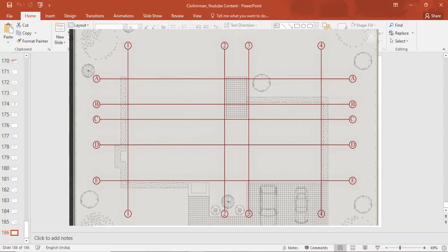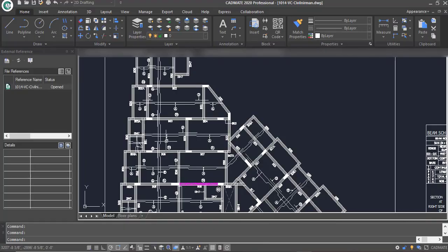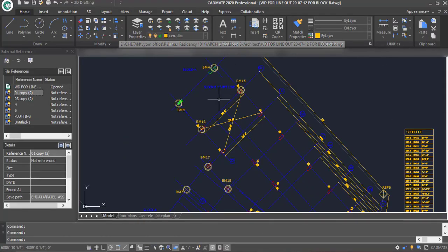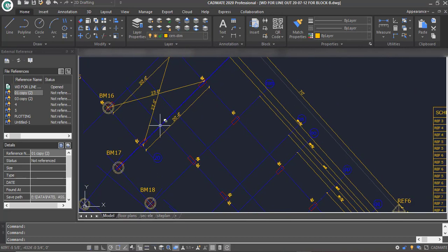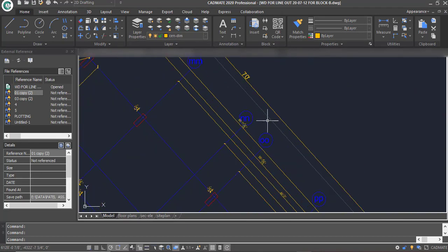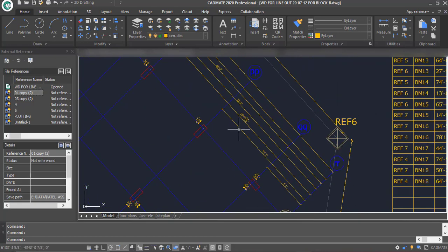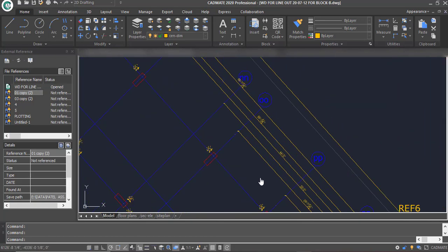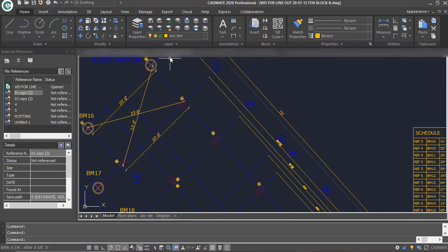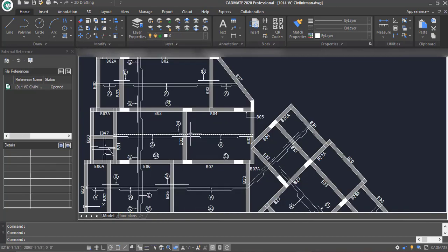So let me show you that part as well. See, these are the grids provided by the architect, and based on the dimensions provided over here, we will follow the detailing part in our drawing as well, right?